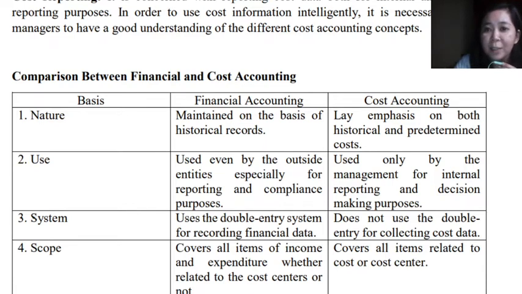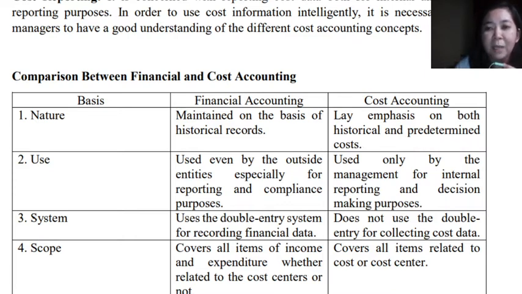While for cost accounting, its emphasis is on both historical and predetermined cost. When we say predetermined cost, these are budgeted costs that will be incurred in the future or in the next accounting period.